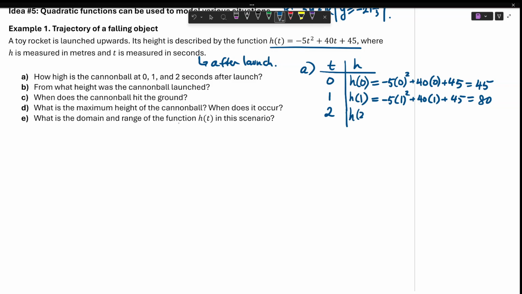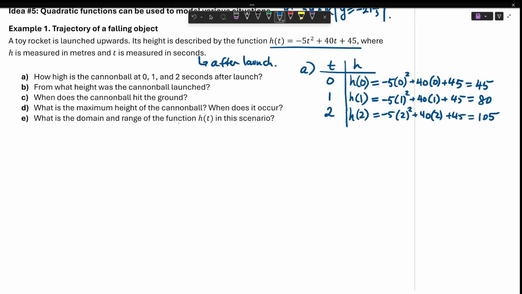And time equals 2. Same thing. You're going to get 105 meters. So these are the heights after those times.